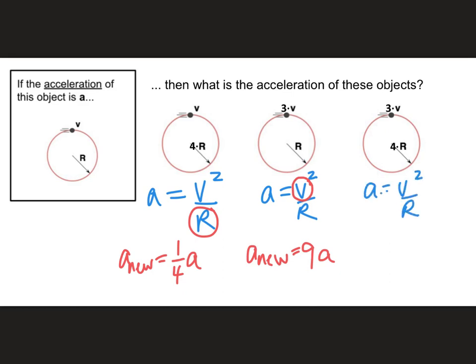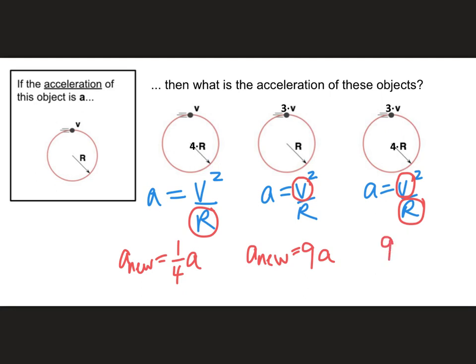Okay, in this case, both of the variables are changing. The v is changing by a factor of 3, and the r is changing by a factor of 4. So everything we did in the last 2 questions, both things are going to happen. The v changing by a factor of 3 is really a 3 squared, because the formula tells me to square the velocity.